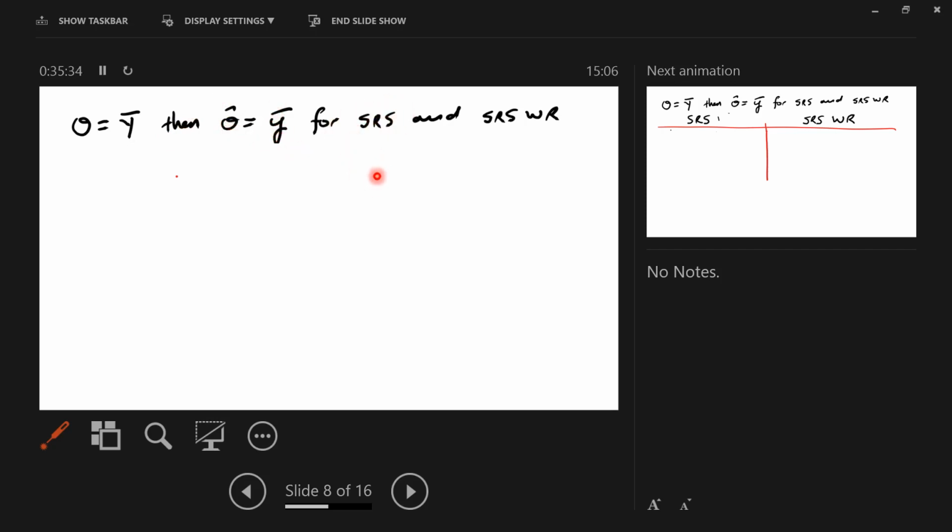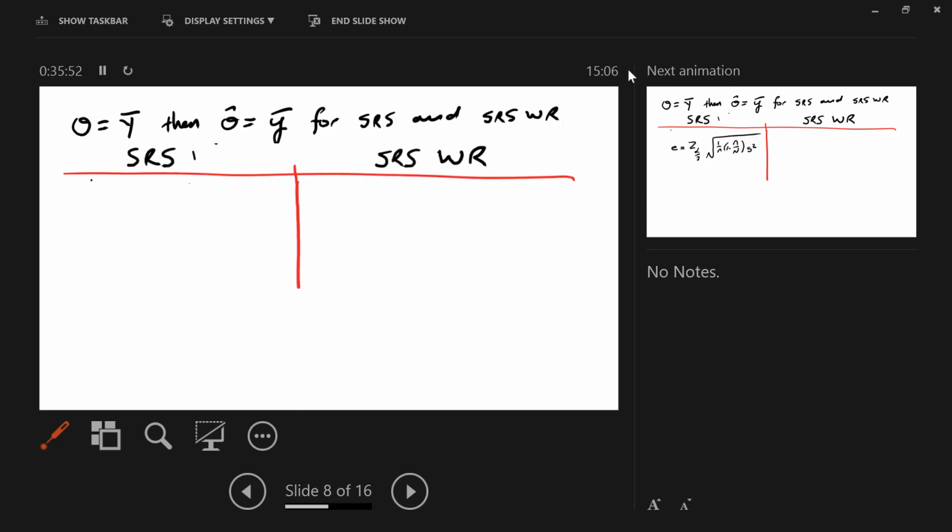Simple random sampling without replacement and simple random sampling with replacement. I'll demonstrate both. So before you can give anybody a confidence interval or estimate, you must know what they want to estimate and you must know the method to select the sample, because that affects everything. So it depends now. I'm doing simple random sampling, but I'm going to do without replacement as well as with replacement. What is your error?